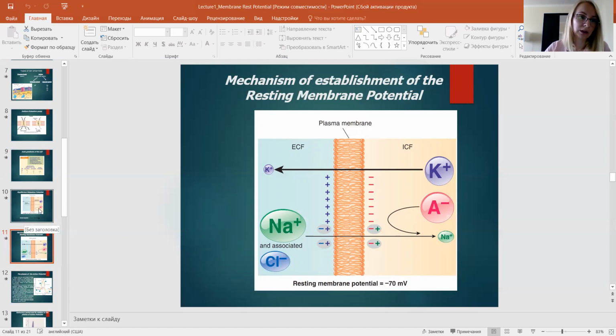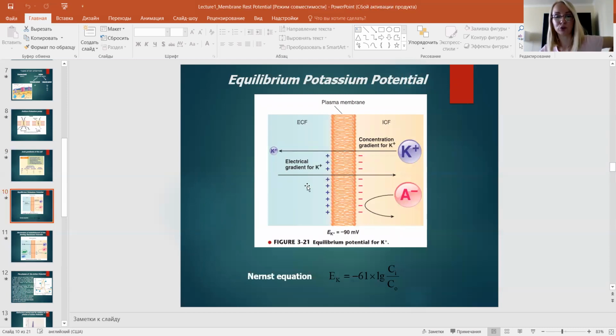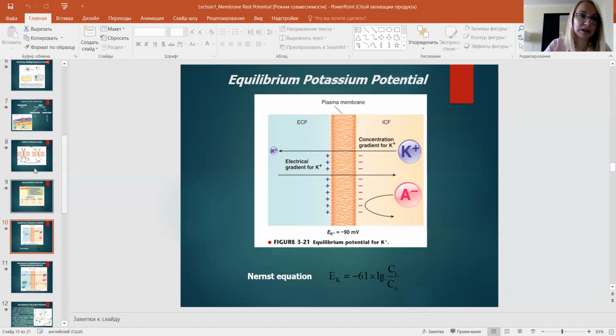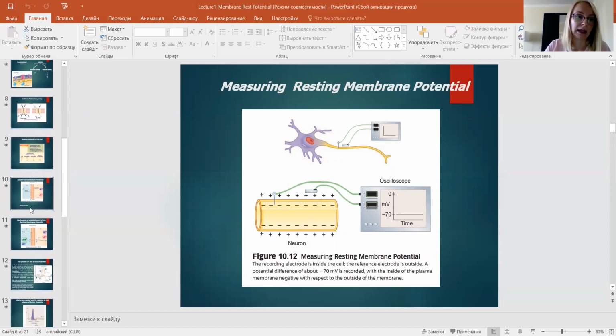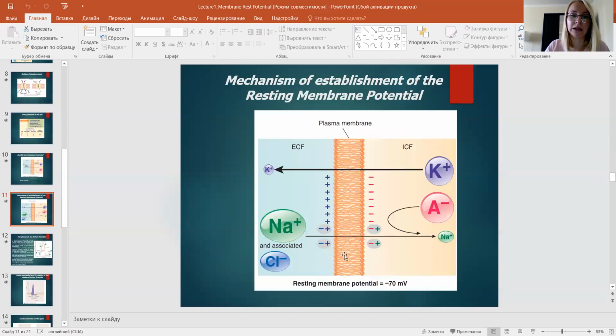So let's return to the previous slide. We said that potassium equilibrium is equal to -90 millivolts. But we said that the resting membrane potential is equal to -70. So what explained this? It's explained by the movement of sodium inside of the cell.